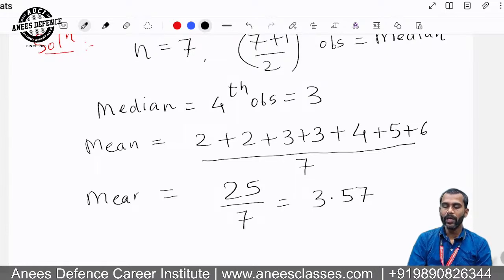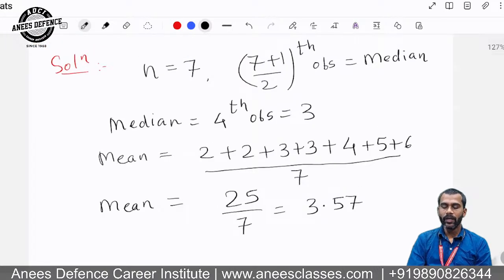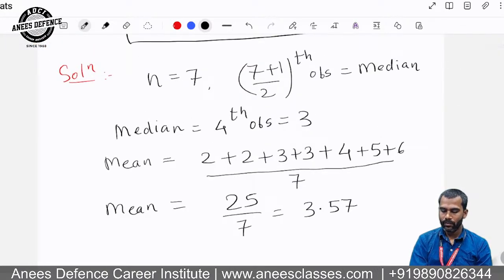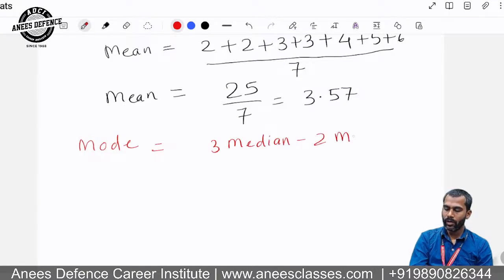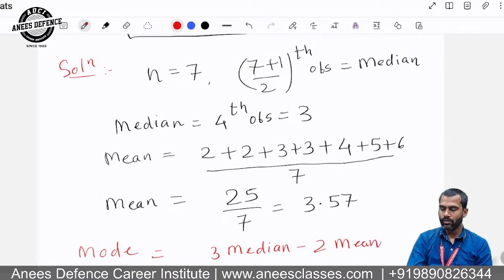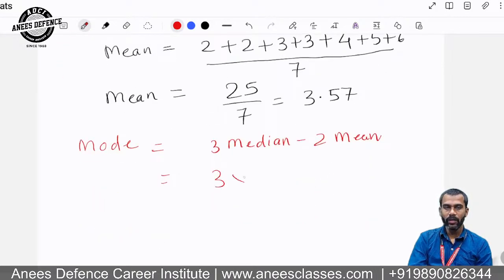Now we already know mean and median. Apply the formula. What is the formula? Mode is equal to 3 median minus 2 mean. Very good. Now what is median? Median was 3 only. So that is 3 into 3 minus 2 into 3.57.